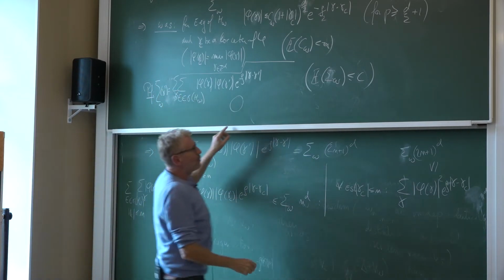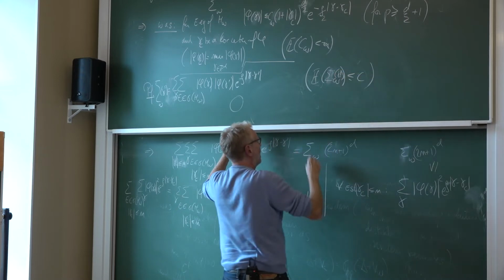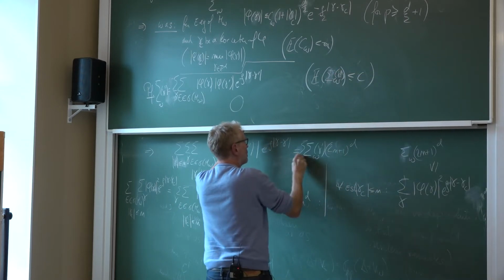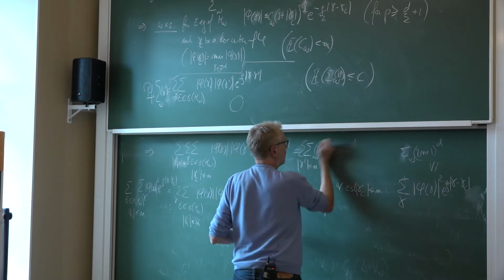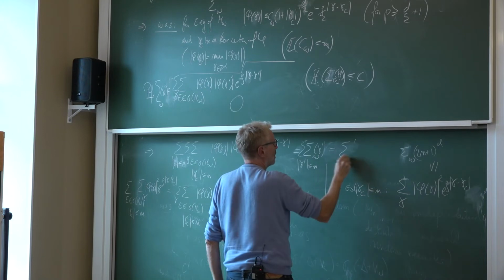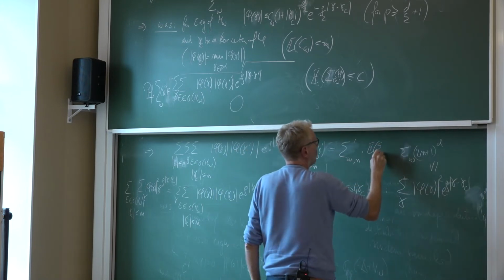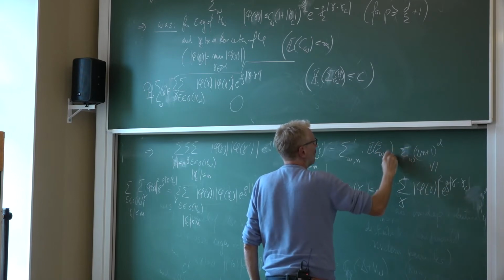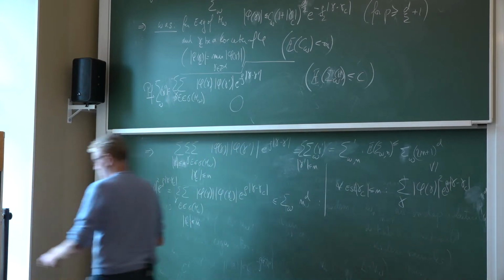Right? And what I know is that this is finite. So I put this here, so it's the sum over gamma prime less than n. And this I call sigma omega n, and we know that E sigma omega n is bounded.